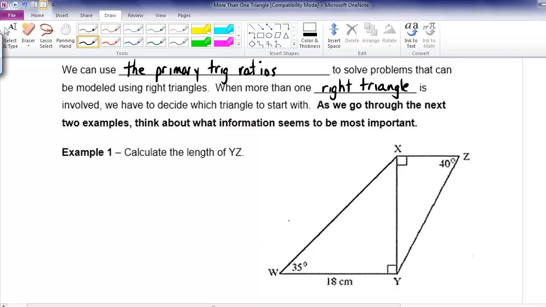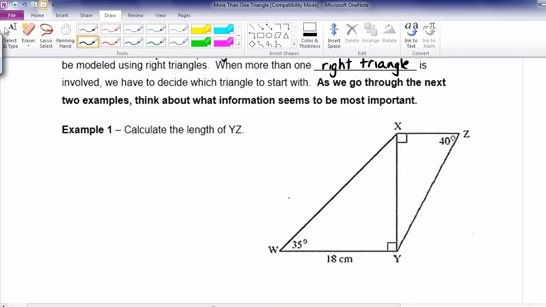So in our first example, we want to calculate how long YZ is. And I'm going to make it a bit easier. I'm going to label YZ as little x, the side opposite angle X, which is our right angle. If we look at this picture, we have two right triangles, the left one and the right one.